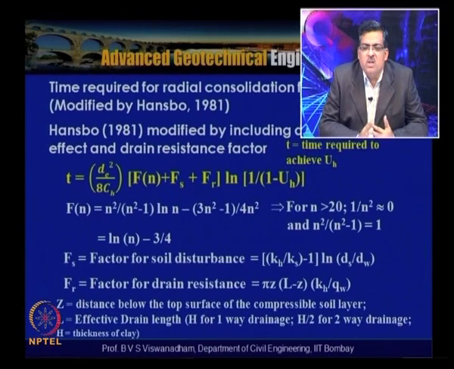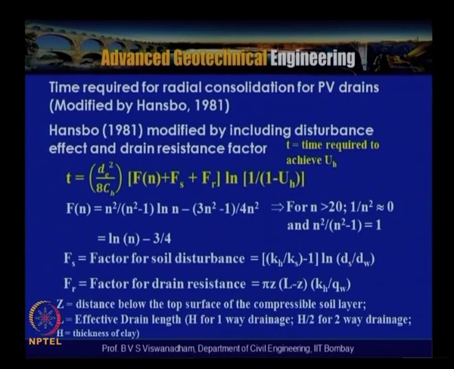In fact, when we try to simplify further and take the entire length, we get the expressions for the drain resistance factors Fr for one-way drainage and two-way drainage within the drain. By looking into this, we can calculate the time required to achieve UH.